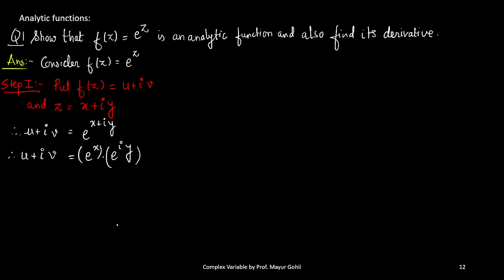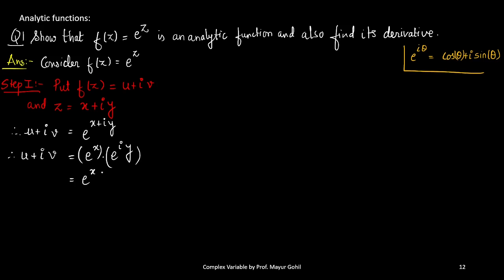Now we have seen a very important formula. Let us recall that formula. The formula we had seen was e to the power i theta equals cos theta plus i sin theta. Now in this formula, instead of theta, we have y over here. So let us use that formula and write down the further simplification.